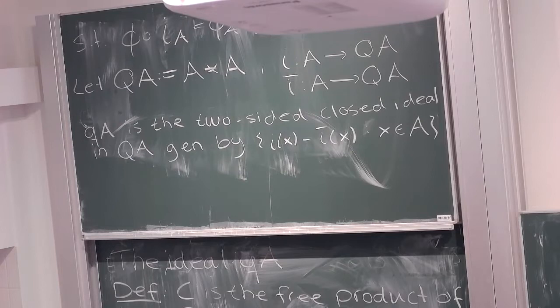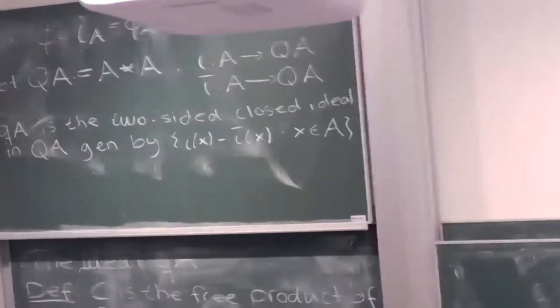Here what I did, I looked in this Jensen and Thompson book on KK theory, and here they defined this free product in the end of the book. So I think we can figure out what it is. As I said, this is also new for me.